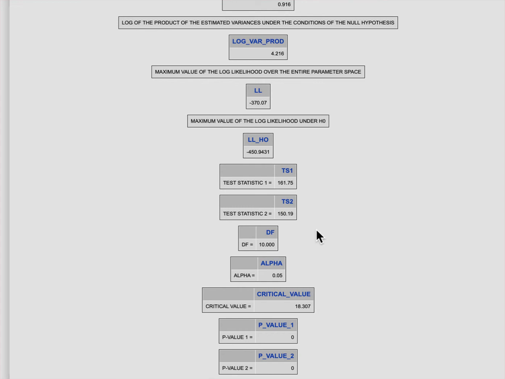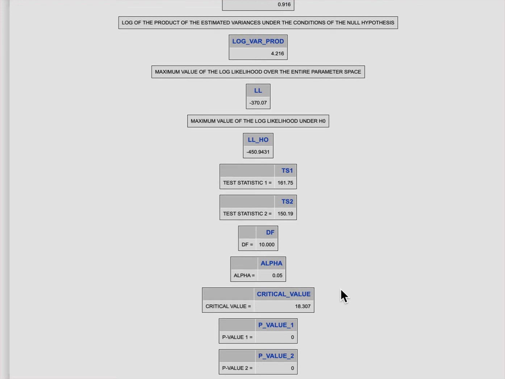And you can see that, regardless of which of these test statistics we use, they're each greater than 18.307, and in fact they're a lot larger, almost 8 to 10 times larger than the critical point. And so there is very, very strong evidence that at least one pair of the response variables is correlated.